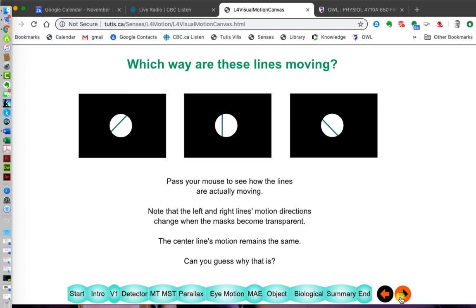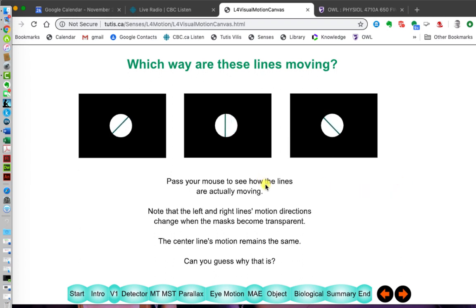Now, how does the brain figure out which way it's moving? The direction of motion. Here, it would seem that there's lines moving in different directions. Over here, it would appear that it's moving up and down, and left and right at the same time. And here too, but at a different angle.